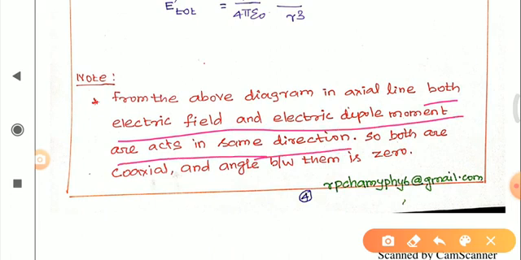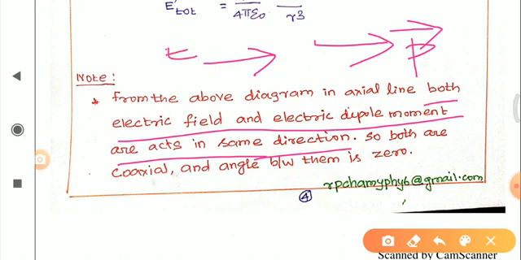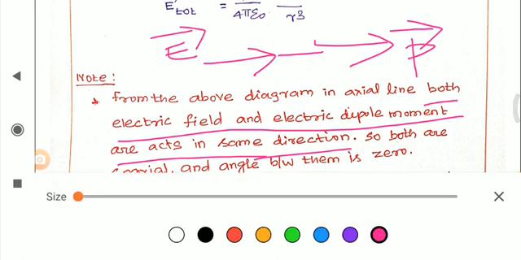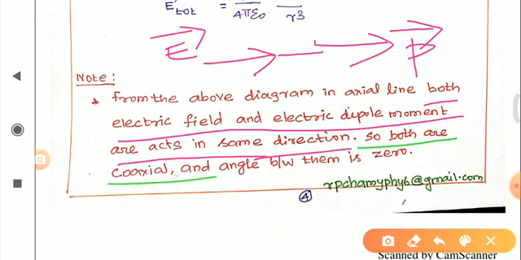If E vector and P vector act in the same direction, along the same axis, then we say they are coaxial. So both vectors, electric field and electric dipole moment, are coaxial. What is the angle between them? If coaxial, the angle between them is always equal to 0.